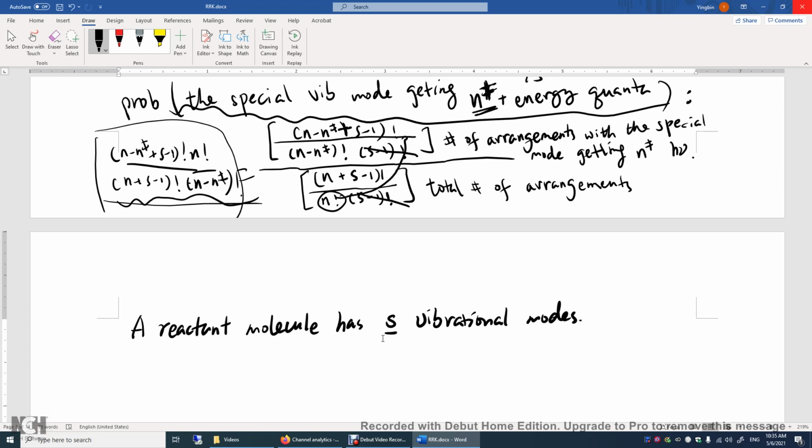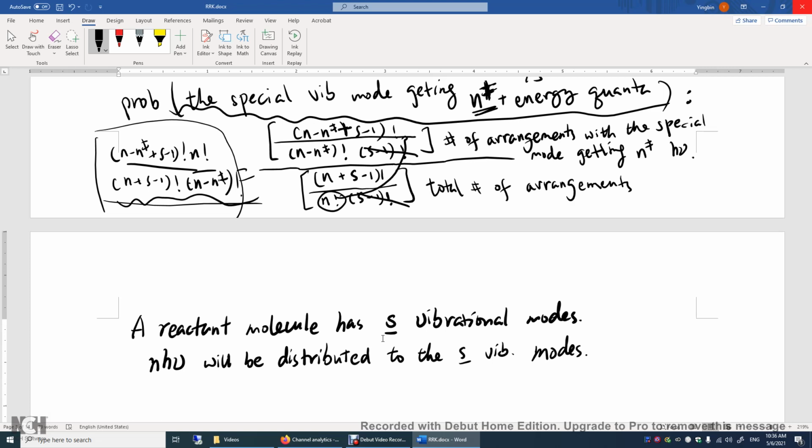And then we're about to distribute NHν energy, which will be distributed to the S vibration modes. If these vibration modes all have a different vibrational frequency, our calculation will be a little bit more complicated.